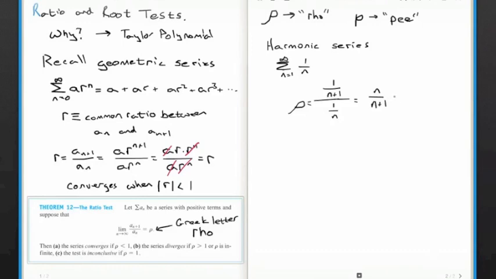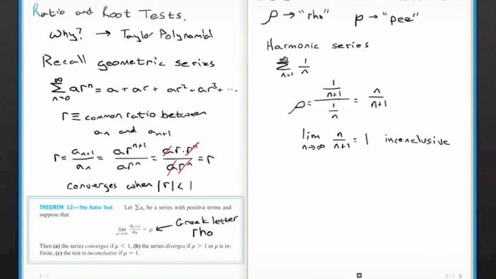We could factor out an n or do a number of things, but we can see that the limit as n approaches infinity of n over n plus 1 equals 1. So we certainly can't use the ratio test to show that this converges. This would be an inconclusive case.